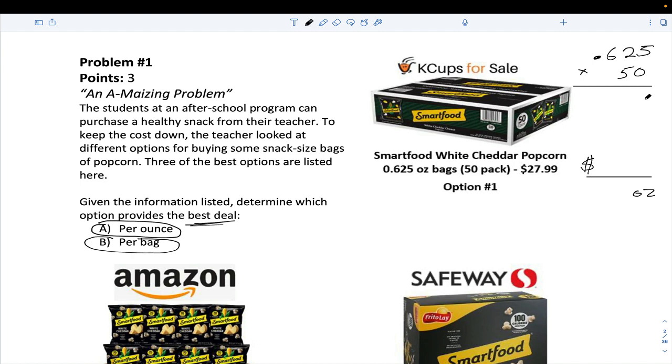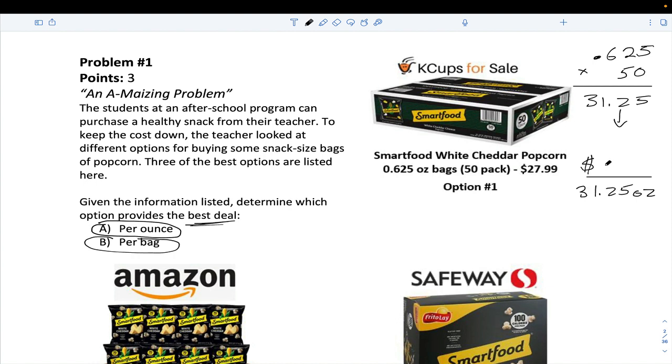So make sure that you use a calculator for these. I'm going to give you a scientific calculator to use tomorrow or Thursday, but for all these problems you will have a calculator and you should use it, or else you're not going to be able to finish even one problem. So if you multiply that, you get 31.25. And that total is the ounces.